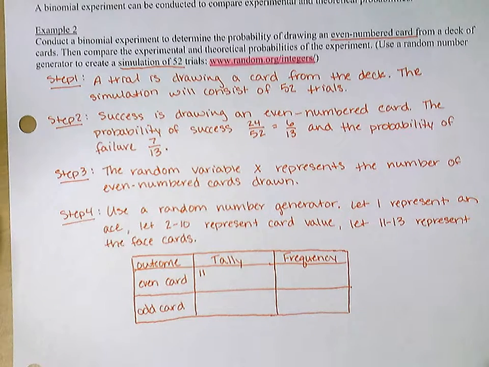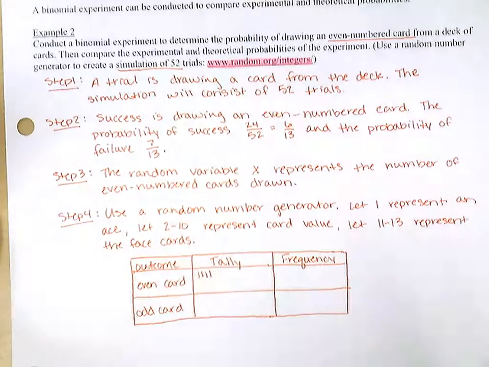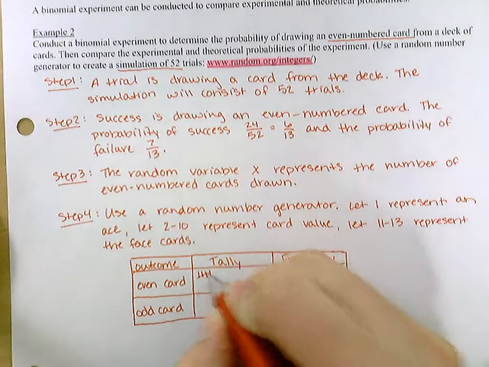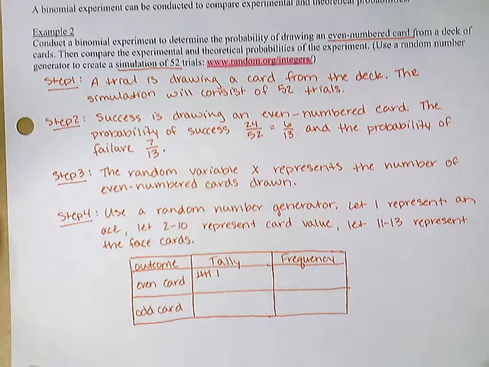So in your table, put 2 tally marks in the even card section. Then I have 10 and 12, so another 2 tallies. Then our next row here, we have a 10 and a 6, so again, 2 more. So we should have 6 tallies so far.